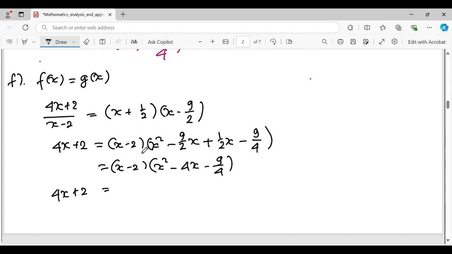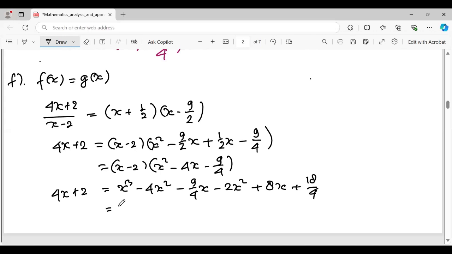So if you calculate, it's going to be x cubed, then minus 4x squared, minus 9 over 4 x, minus 2x squared, plus 8x, plus 18 over 4.